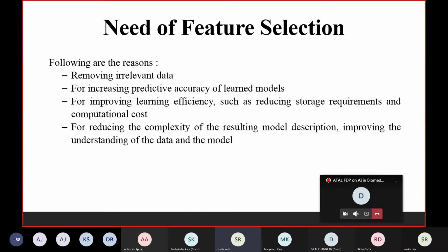If we remove those features, then the learning efficiency, the storage needed for the data, and the computational cost also improve. The last one is complexity: the model complexity also decreases, and the understanding of the model and the data also improves.